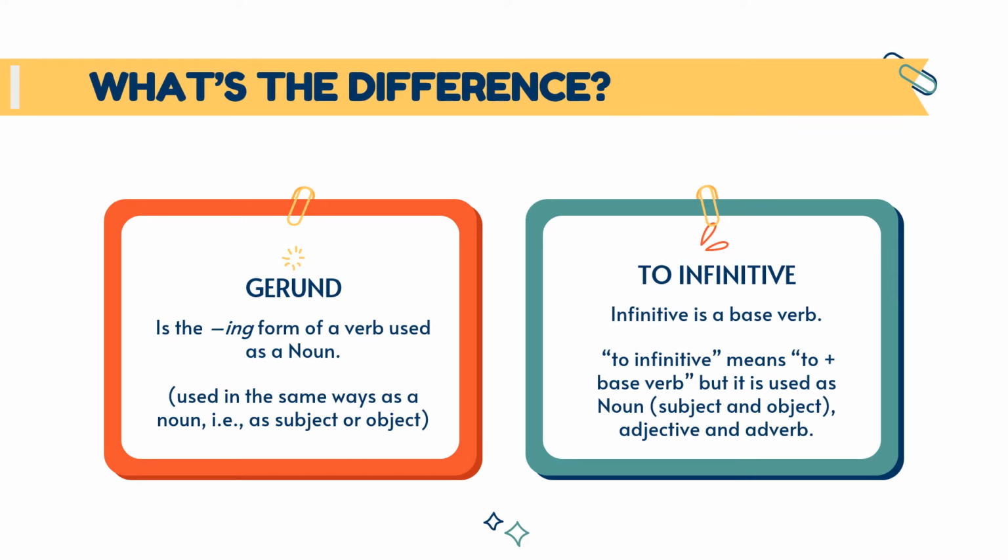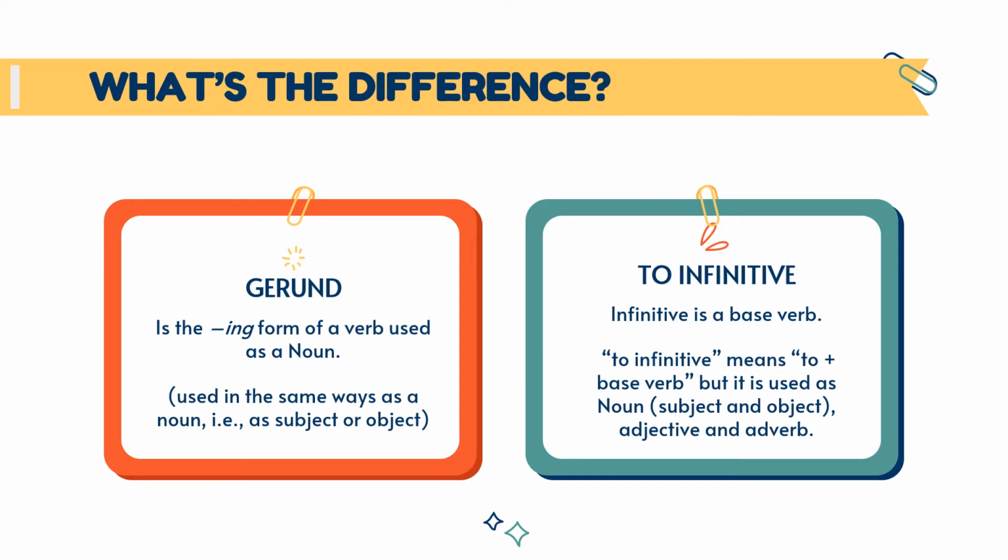Okay, let's talk about the differences and the similarities between gerund and to infinitive. The similarity is that both gerund and to infinitive change a verb to be a noun, and the difference is how we change it.